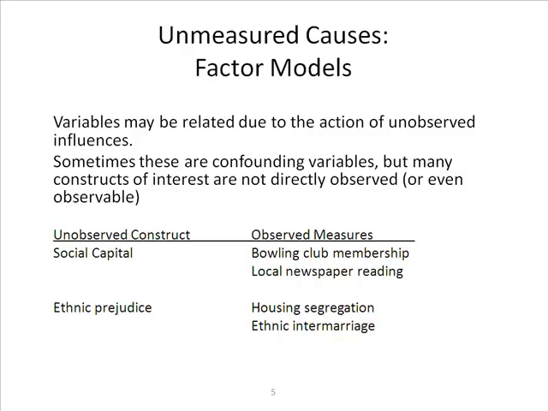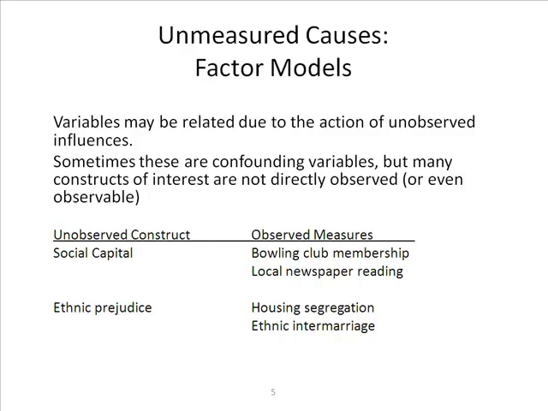I've got an example here of social capital. It's very hard to observe social capital. How do you go out and count social capital on the streets? How do you ask people about social capital? You infer social capital only indirectly. You can't observe it directly.